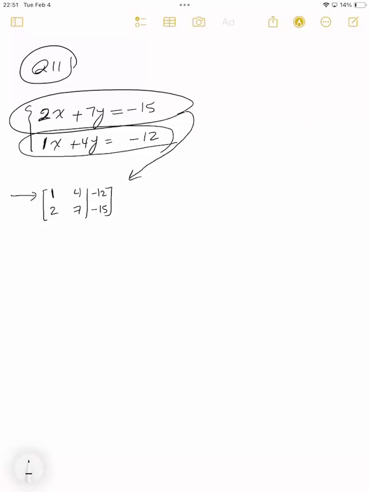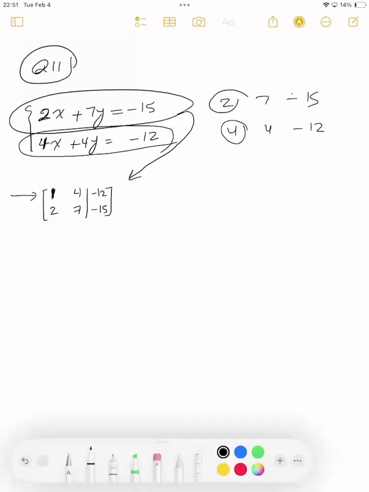You can do that. So before you start, create your augmented matrix, make sure your first entry is 1, if possible. For instance, if this is a 4, I cannot do that. So I would leave it as 2, 7, minus 15, 4, 4, negative 12, because it doesn't matter which equation I write first.